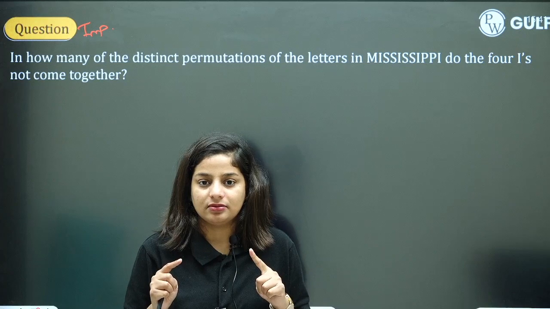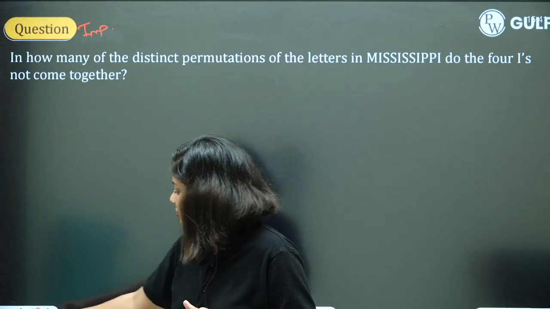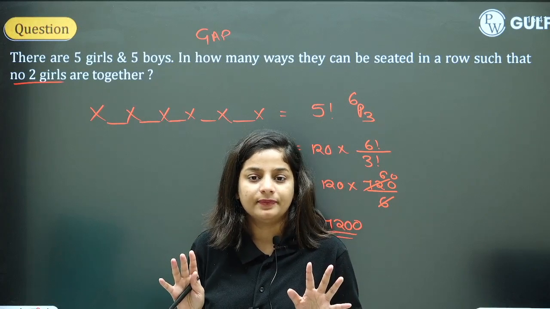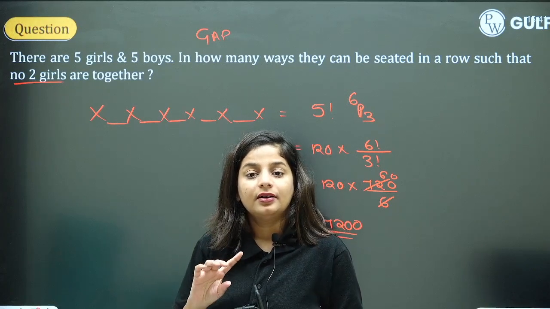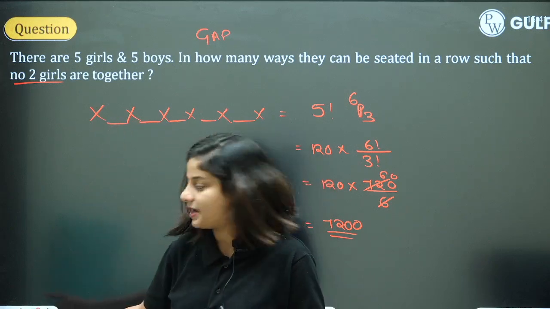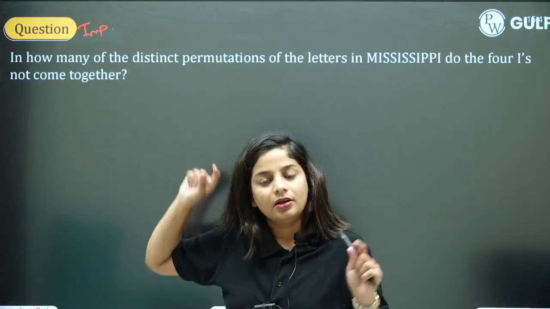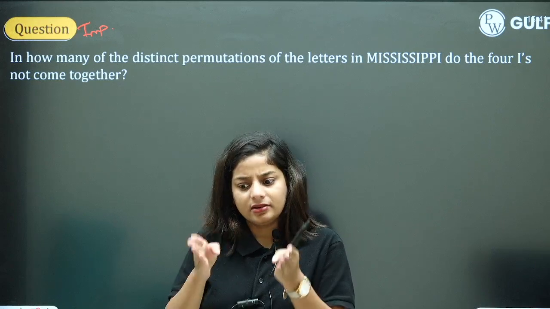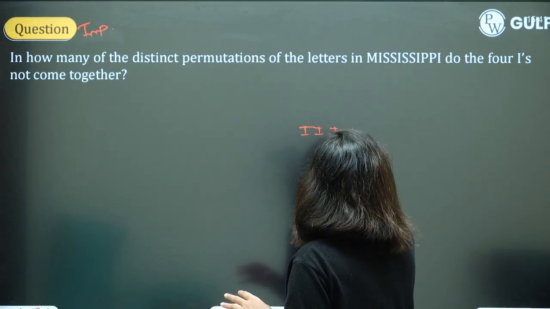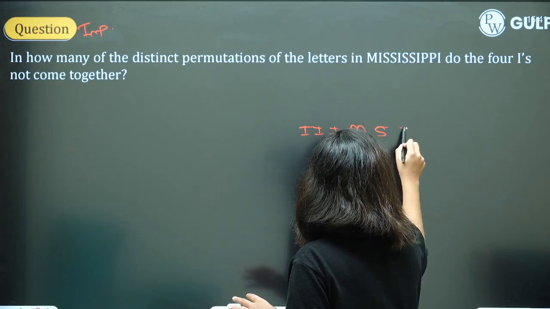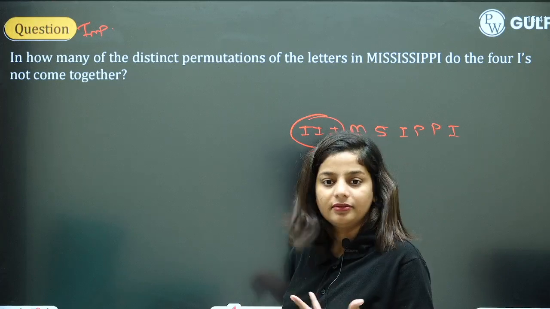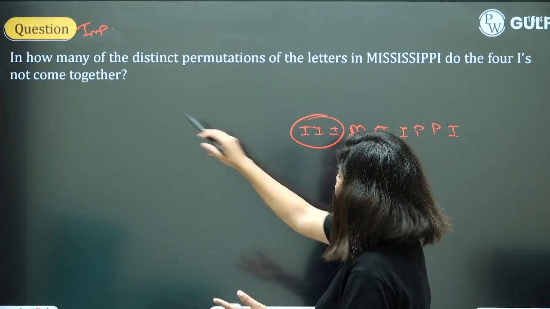That's my concern. In the previous question, that is the gap method, the concern was that no 2 girls should be together, no girls side by side. Here, 2 I's can be side by side, 3 I's can be side by side. I mean, we can have a case where we have 3 I's, then M, S, I, P, P, I. 3 I's can be together, 2 I's can be together.